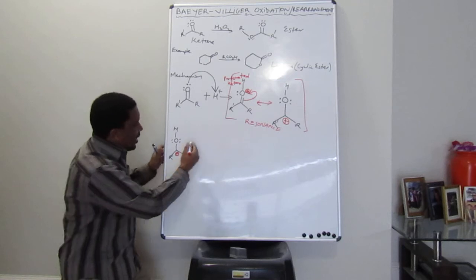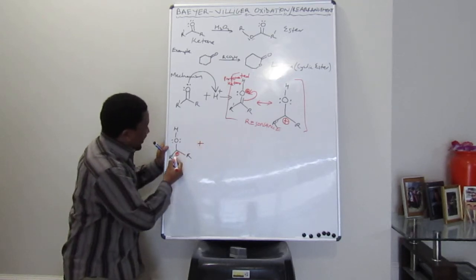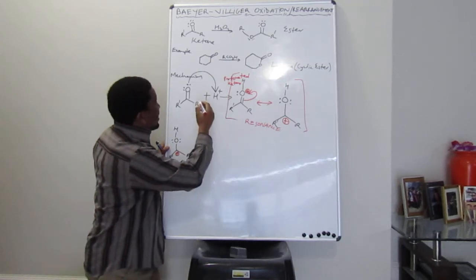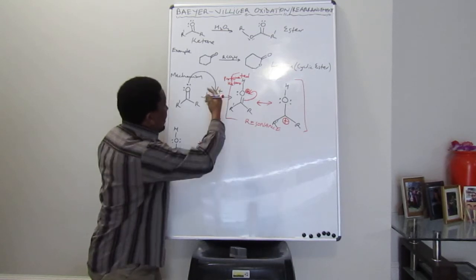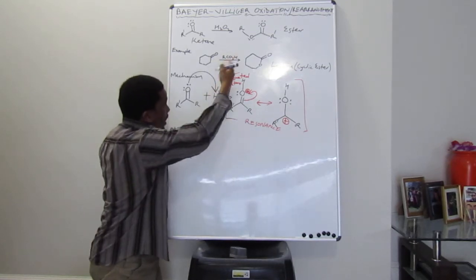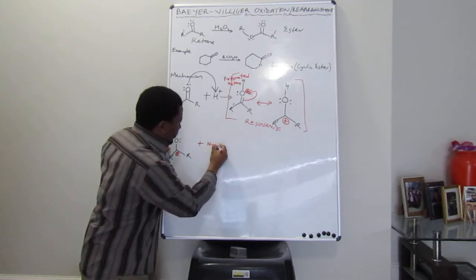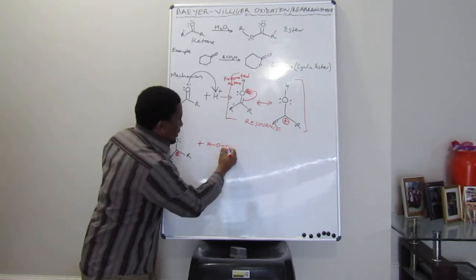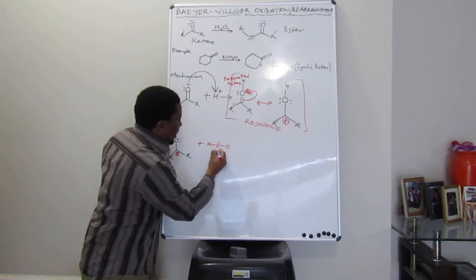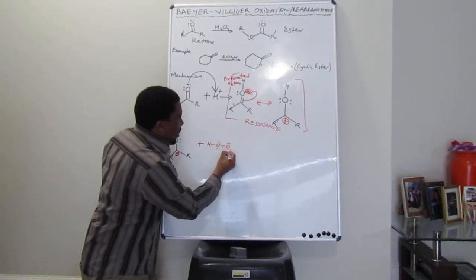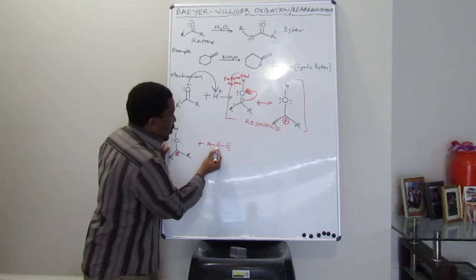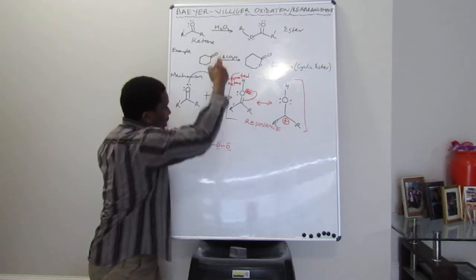And then now it is ready to be attacked by, let's say in this case, my organic peroxy acid. There we go. This here is just an equivalent. You can see HO single bond O as in peroxide.